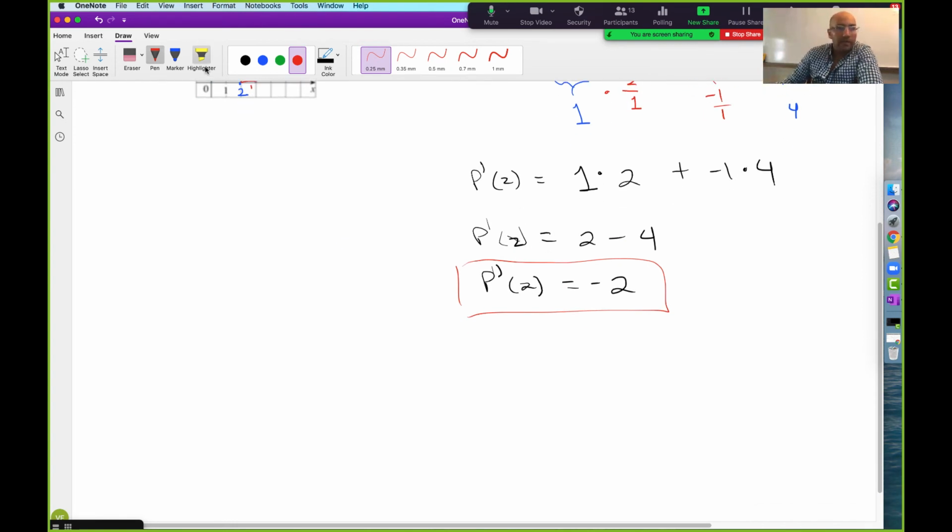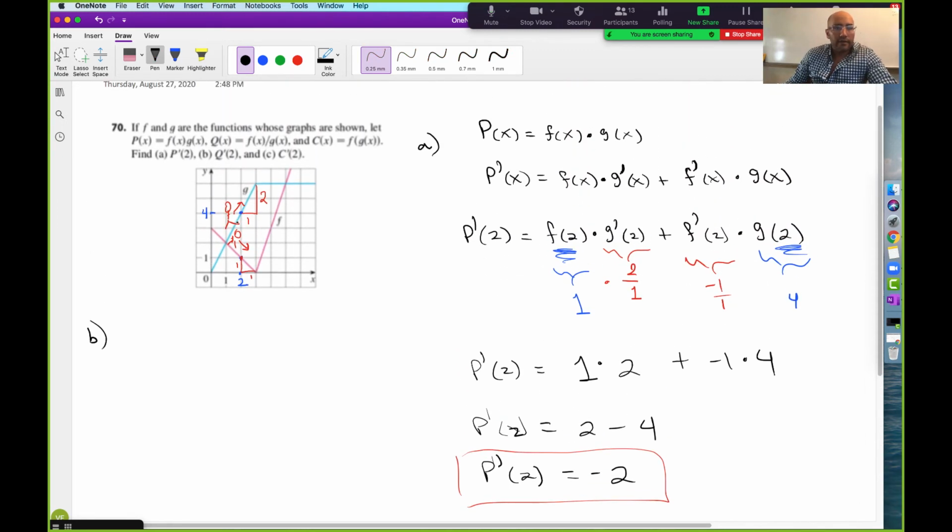Part B says, let's go over here. Part B now has q of x equal to f of x over g of x, and we know from our quotient rule that this is going to be low d high minus high d low over the denominator squared.